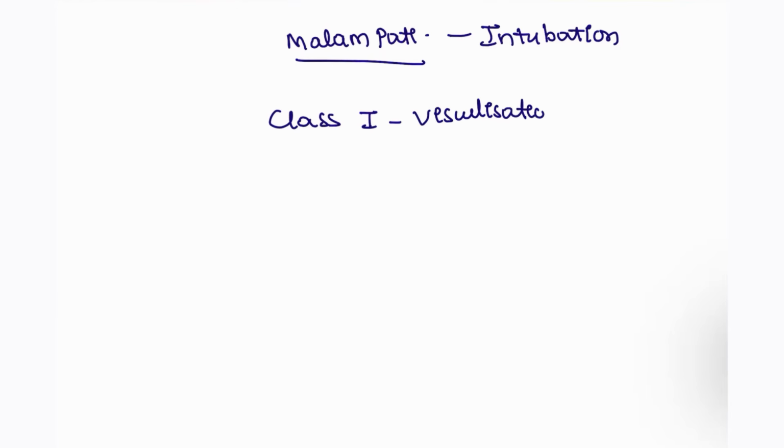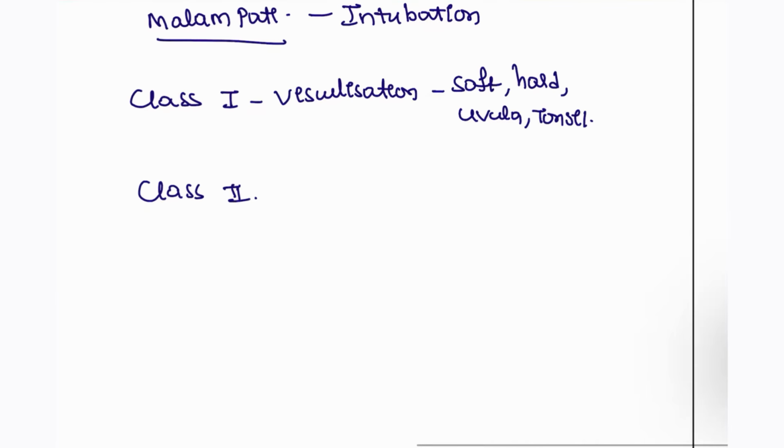You are going to see the soft palate, hard palate, and also the uvula and tonsillar pillars, all seen in class 1. Next, class 2. In class 2 patients, there will be visualization only up to the uvula. Uvula is seen, soft and also hard palate are seen. Tonsillar pillars are not seen.